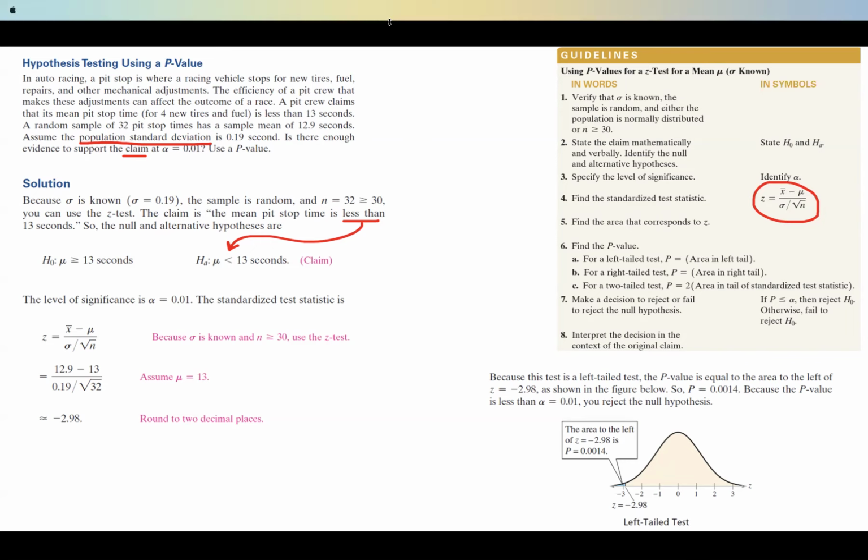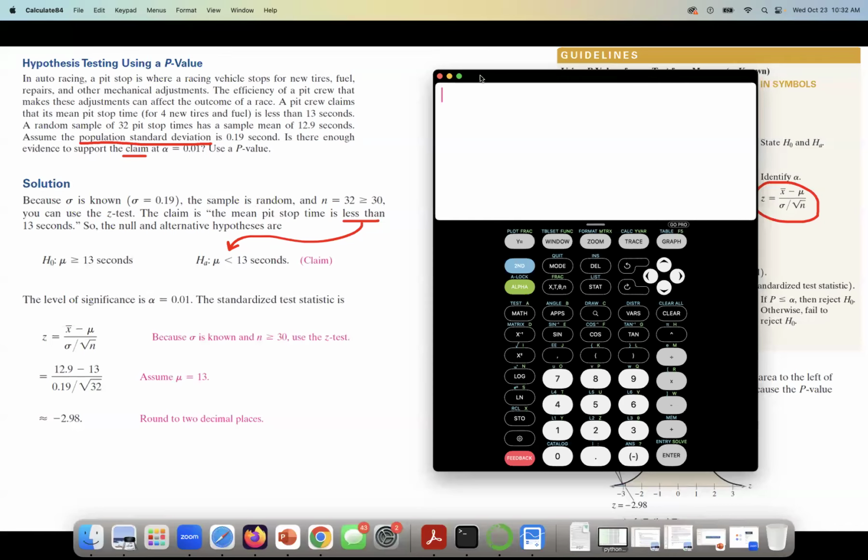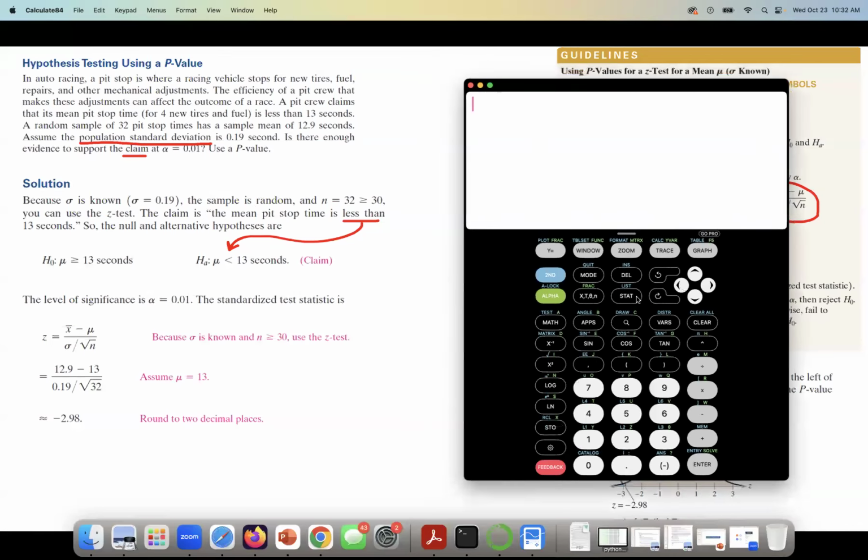Let us take a look at how we can do this on the calculator. Let us pull up the TI-84. I'm going to use the exact same version that you're using. It's a free version. Here, to find the area to the left side of negative 2.98, you can click on second, vars.